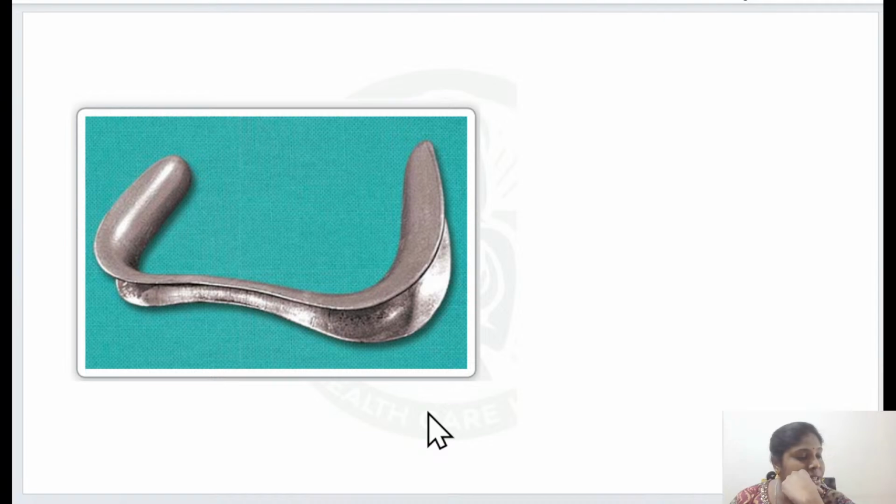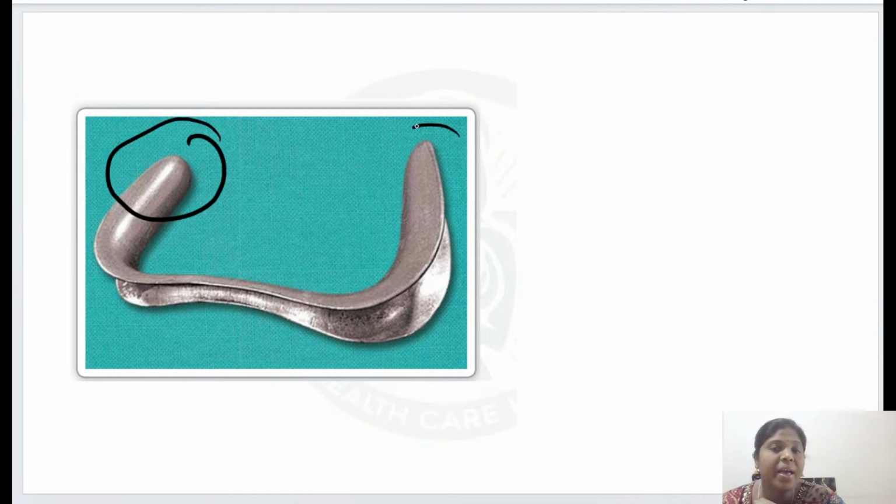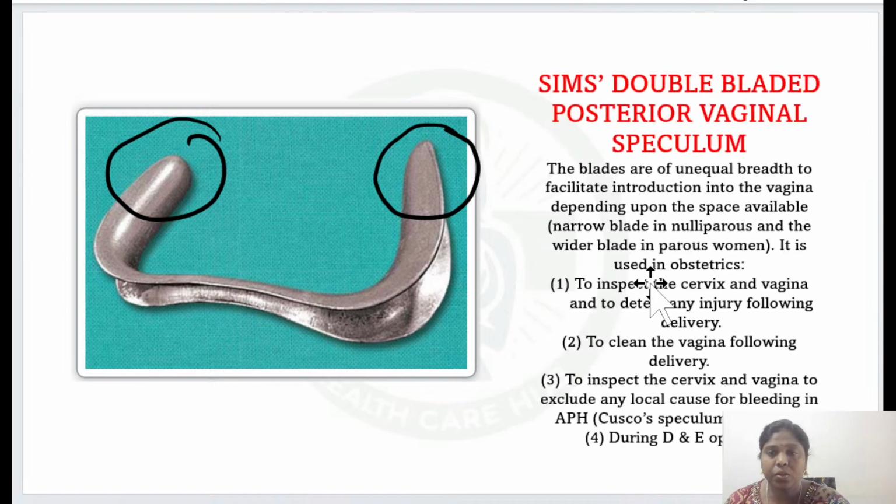Divya, one more viewer, Divya Konda, yes, speculums, correct. Tithium, you told correctly, that is the Sims double-bladed speculum. One blade is for nulliparous women and the other is for multiparous women. So, that is called the Sims double-bladed posterior vaginal speculum.